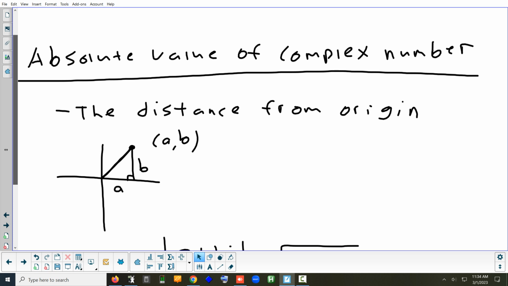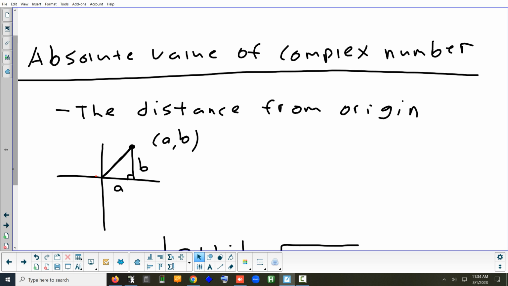And if you make a triangle out of it, think of the distance as a hypotenuse. Draw a vertical and a horizontal. The real and the imaginary part tell you the length of the base of the triangle. That's the real. And the imaginary tells you the height of the triangle. Once you know the base and the height, how could you find the hypotenuse?